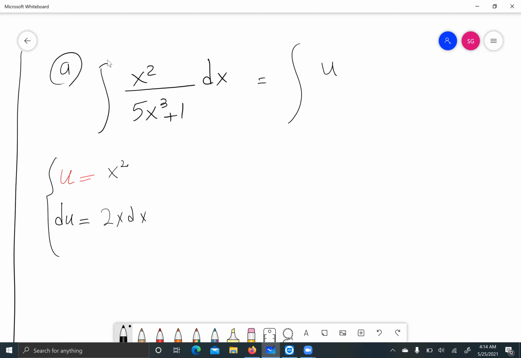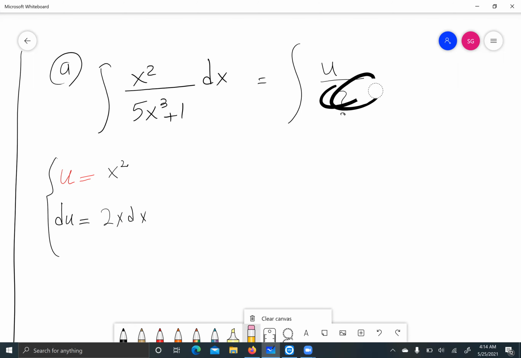And then you can also express dx as half of du. So you see, the problem is that if you take the numerator as u, then what do you want to do with the denominator? How do you want to express the denominator in terms of u? So it seems like taking the numerator as u is not going to be helpful.